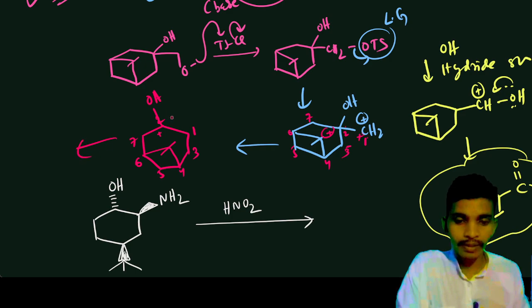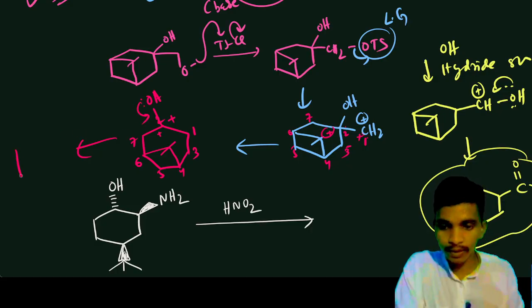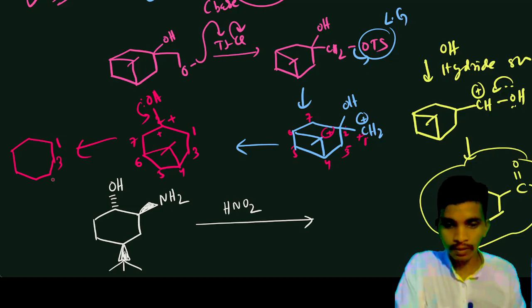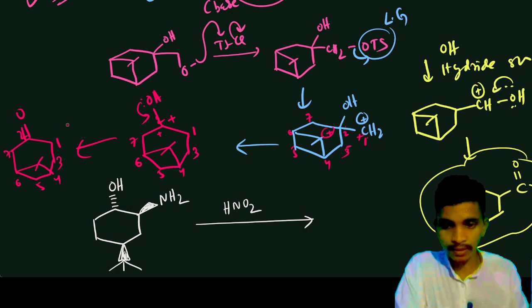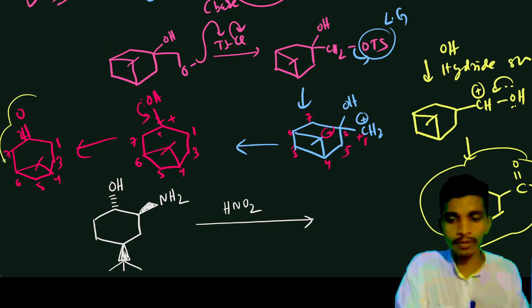Now the positive charge is there, so this positive charge and the lone pair will give electrons. Then we get this: 1 3 4 5 6 7 and 2, with 6 and 4 like this, and 2 like this. So this is the final product for this question.